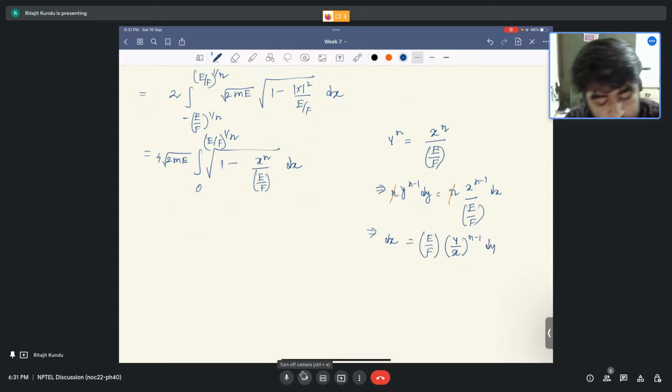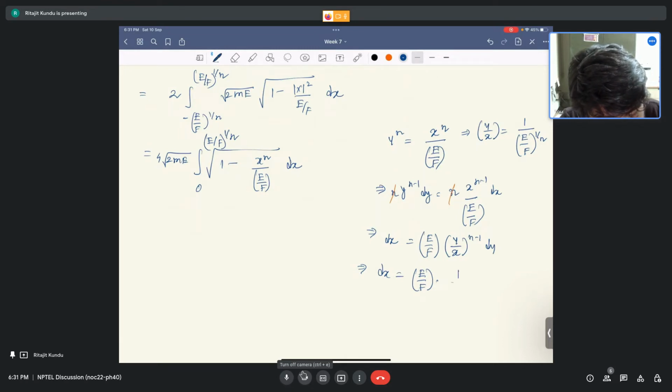That is my dx, and let us find y by x from this. So y by x is 1 by E by F to the power 1 by n, so that dx times E by F, and y by x is 1 by E by F to the power n minus 1 by n.